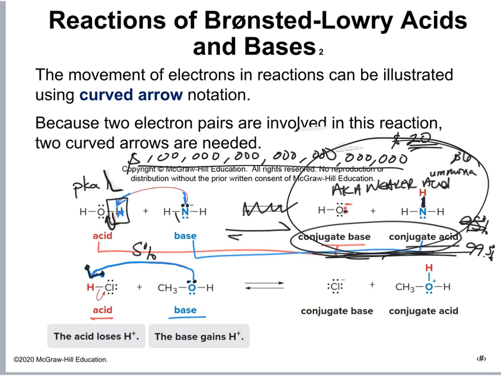This arrow here actually represents these electrons. Okay, so the arrow means these electrons. You'll see in chemistry we do fishhook arrows sometimes. That's when you have a single electron. But we don't do that right now. So here we have 2 electrons. These are them, and they're going to go grab this H. And so the acid goes to the base here because it loses the proton.